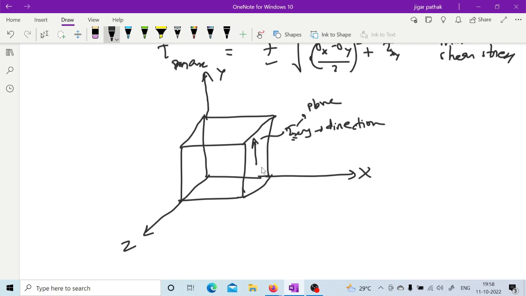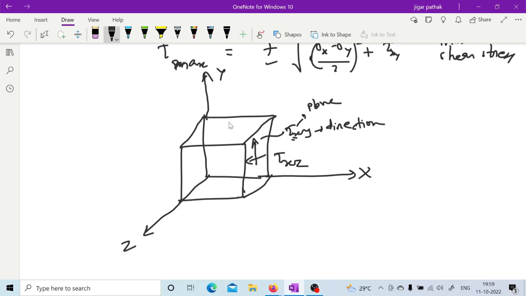So it is perpendicular to that x-axis. This plane is where this tau xy is present, and it is towards the y direction. So if you have a shear stress in this direction, it will be tau xz, right?